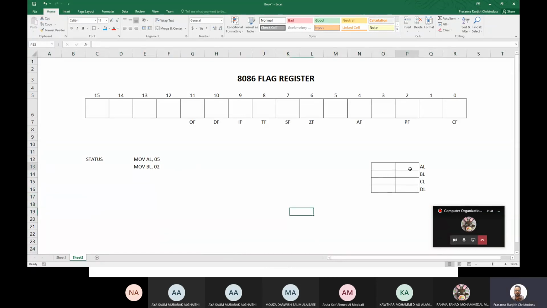What happened now? 05 will go here, and then 02 will come here. Are you with me? Now I'm going to ADD AL comma BL. It will add AL and BL and put the value, 7, in AL.